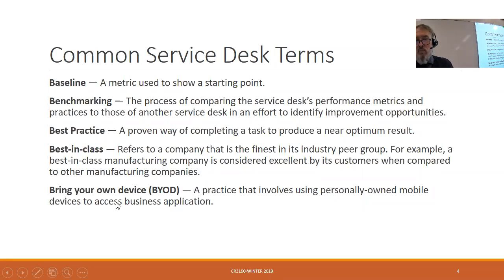I'm sure you're familiar with the bring your own device thing. The idea there being that the telephones that we have in our pockets are so powerful now, they can do a lot of things that we would be forced to use a personal computer or even a mainframe for before. So we've got all that power in our pockets. Why don't we use it in our business situation? We'll get our employees to bring their phones, and we'll put our apps on the phones, and they can do their work on their phones. And certainly with the service desk, that's possible.